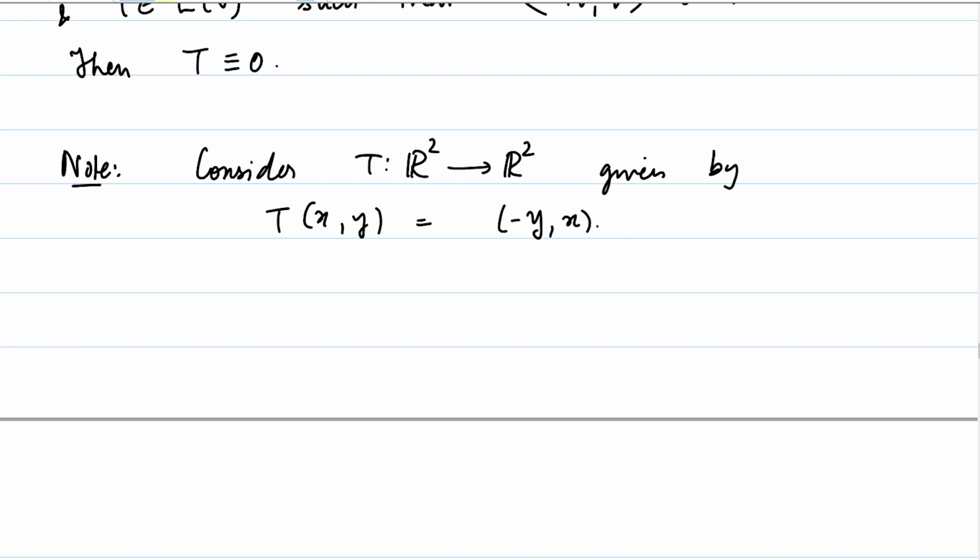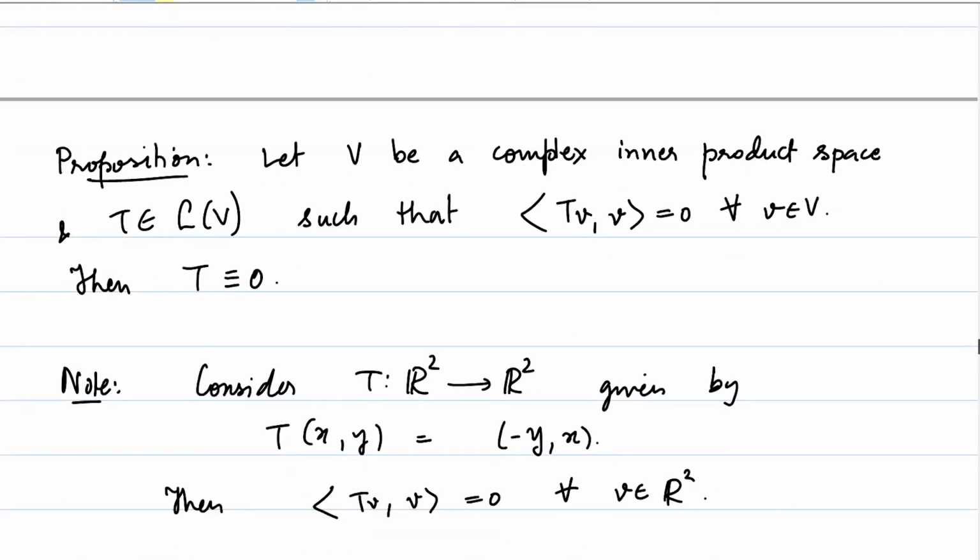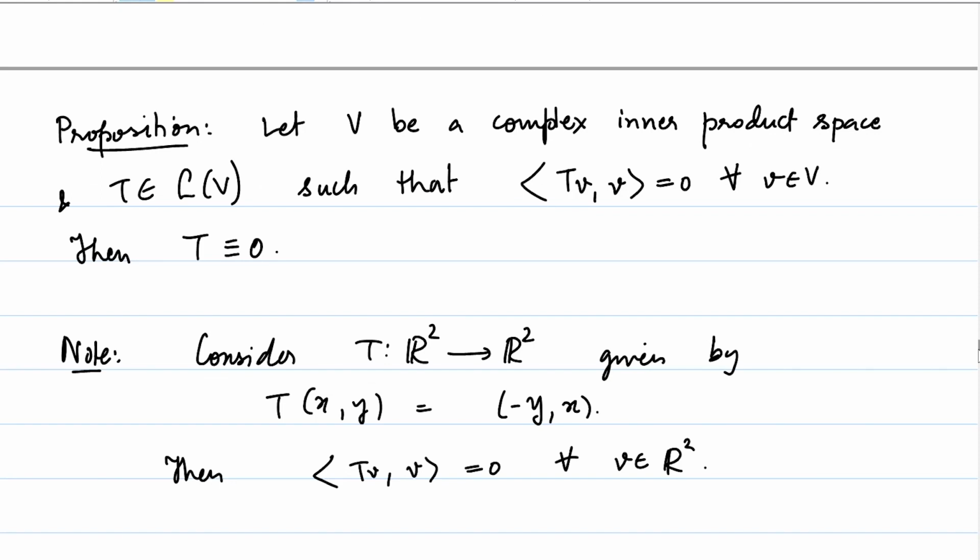This linear transformation does satisfy the condition that the inner product of T v with v is always 0 for all v in R2. However, T is not the zero linear transformation here. So in the case of real inner product spaces, this proposition is not true. This is true for complex inner product spaces.